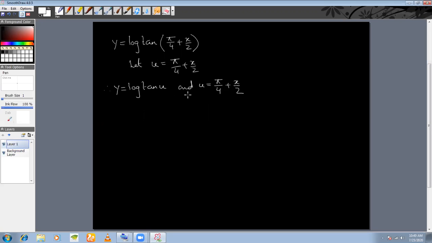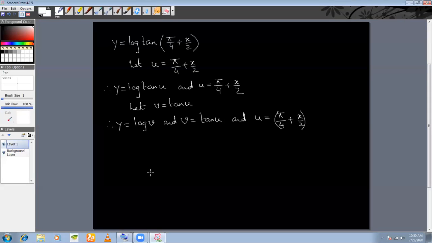Now we say let v is equal to tan u. Therefore, y becomes log v, and v is equal to tan u. You see how I'm making the chain? My chain is now complete.